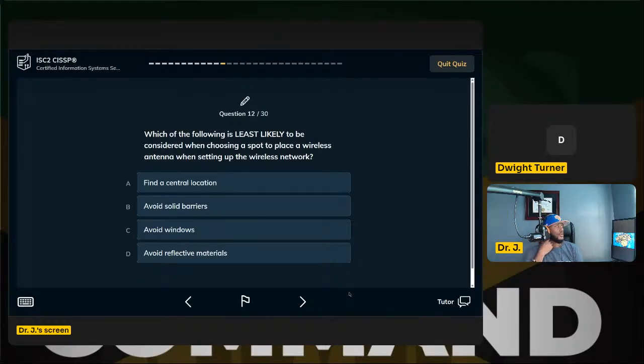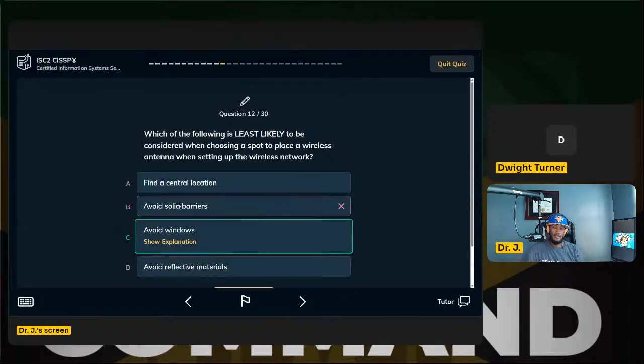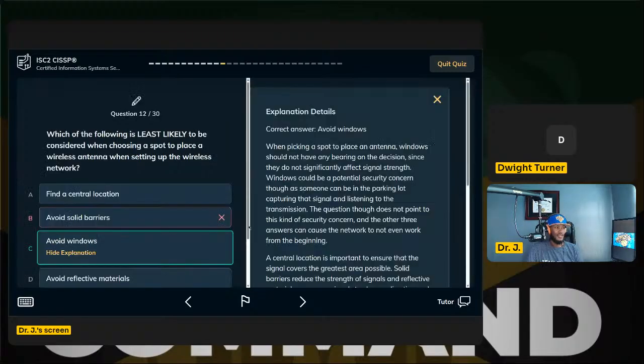I don't know if it affects wireless. I think it's more like radio waves or something like that. I think that's where reflective material. Tinfoil hat, yeah. I'm leaning towards Bravo for this. Let's see. Wow, who's Windows?